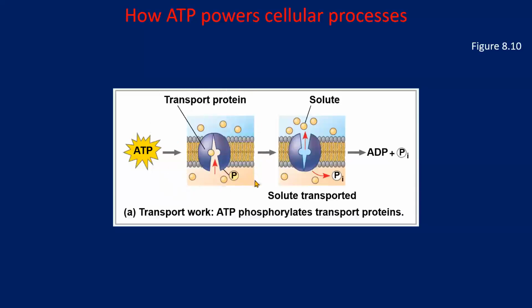It can have a selective pore, but to have that selective pore activated, there is ATP hydrolysis. With that, it can bring in nutrients to the cell, or it can excrete nutrients outside the cell.